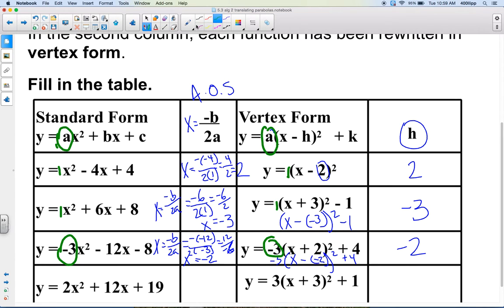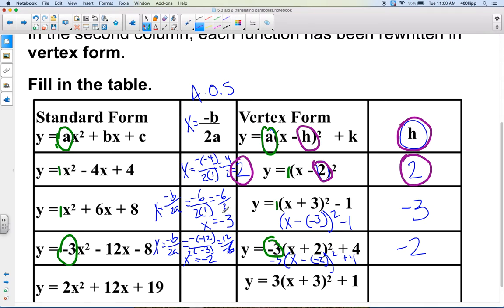Okay, then we can look at the axis of symmetry. So here we got x is equal to 2. So your x-coordinate of your vertex and your axis of symmetry was 2 for this equation. And look at what the value of h was. The value of h for this was 2, which is the same as your x-coordinate of your vertex, which is also the axis of symmetry.